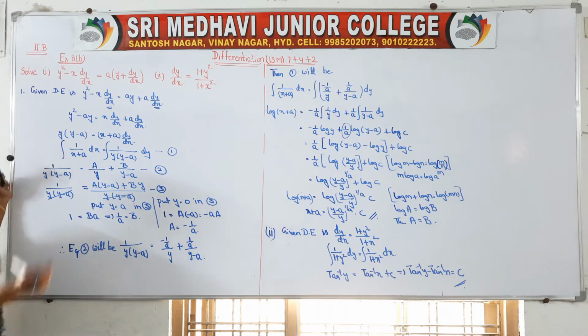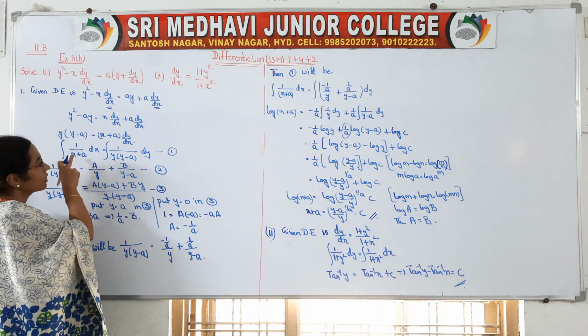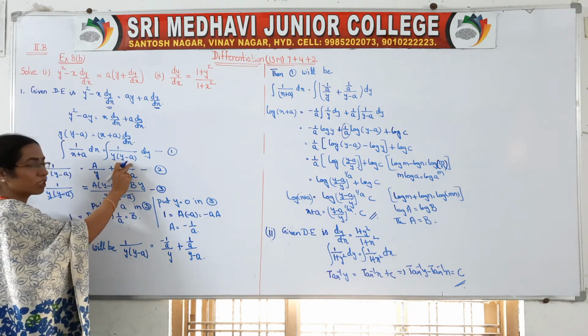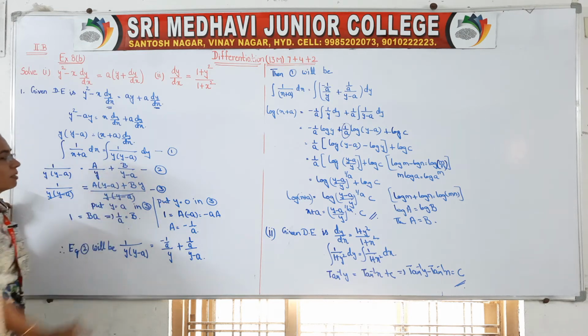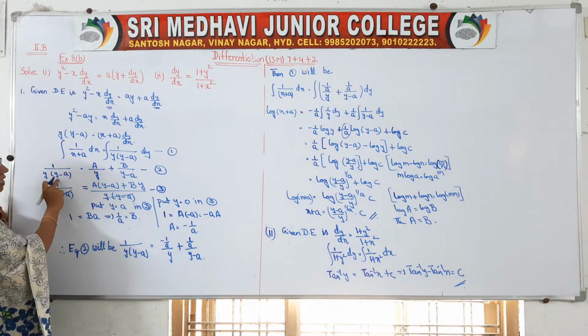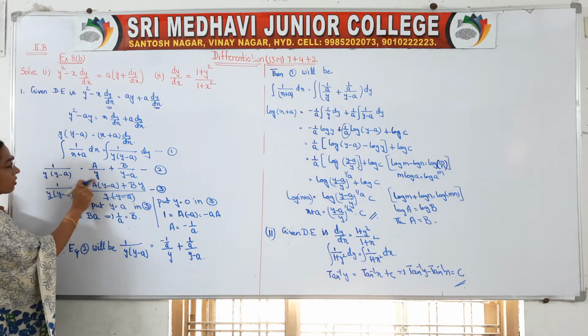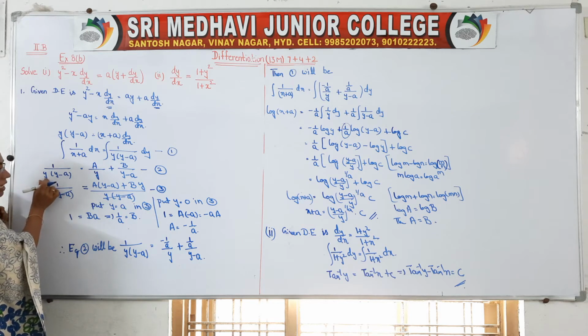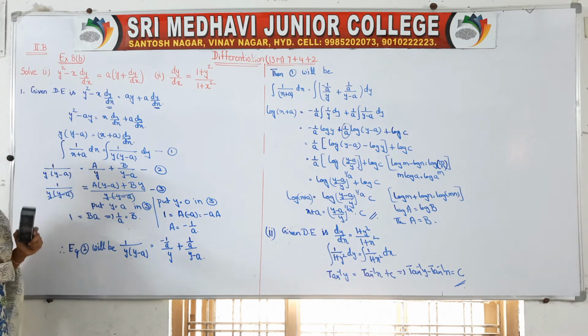Once it is over, this is okay, it is in our standard form, but this is not okay. This is different, 1 by y into y minus a. By using partial fractions, we have to separate these two values. How can we take it? We will take 1 by y into y minus a is equal to, first linear factor is y, another linear factor is y minus a.